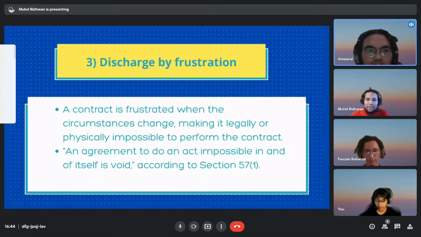Okay, moving along with discharge by frustration. A contract is frustrated when the circumstances change, making it legally or physically impossible to perform the contract. An agreement to do an act impossible in and of itself is void, according to Section 57, Subsection 1.